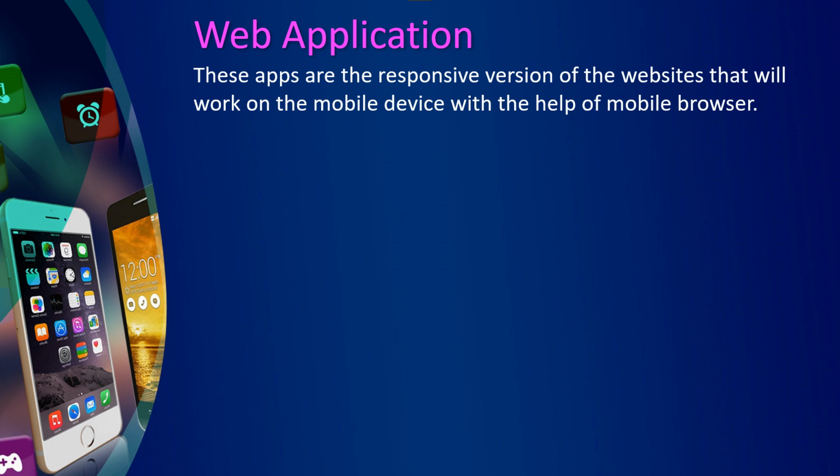Progressive web apps are a kind of web application only, but more responsive and faster compared to web applications. They will work in both offline and online mode. These web applications are developed using HTML, CSS, JavaScript or Ruby, like this.